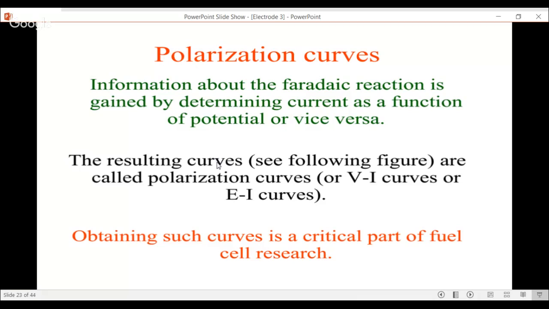The resulting curves are called polarization curves, or V-I curves. I already told you in electrochemistry, it is potential E versus I or V versus I, where V is the volt supplied. Obtaining such curves is a critical part of fuel cell research and also all other experiments.